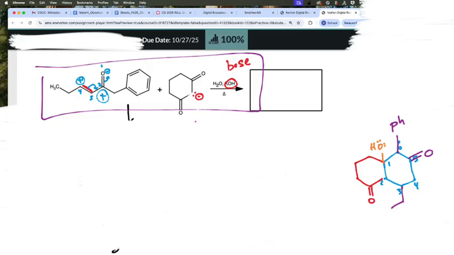Since those alpha hydrogens are acidic, we could remove that alpha hydrogen, making it negative. The electrons could shuttle in to kick out the OH as a leaving group. Deciding which alpha hydrogen to remove does become a challenge, and I had not actually factored that into the number of possible products.